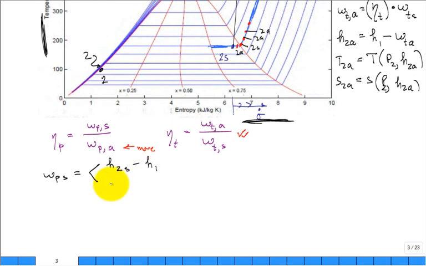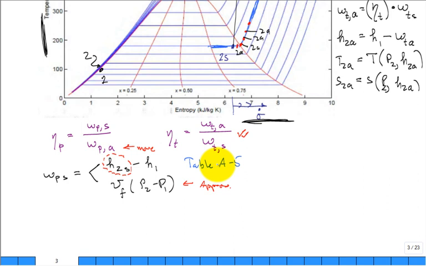Or you could do v sub f times (P2 minus P1). And we use this a lot. This is an approximation. That approximation is really good because the liquid water going into the pump is essentially incompressible, and for a modest pressure change, it's really good. All right. This one, trying to get h2s in table A-5 in our textbook, is some interpolation.